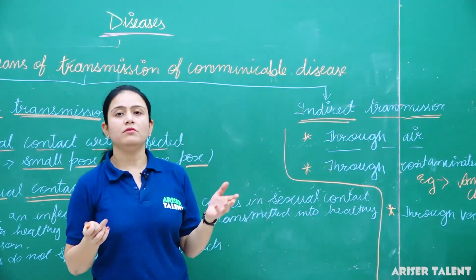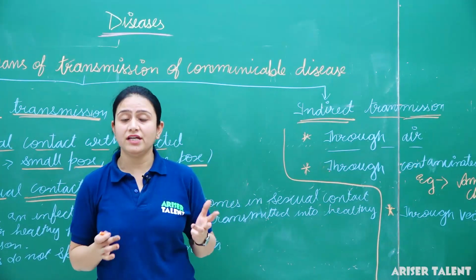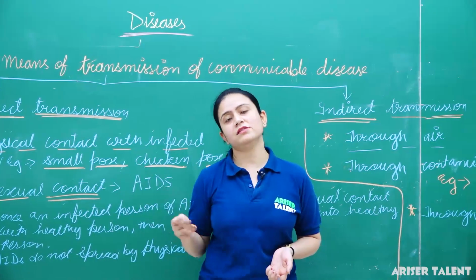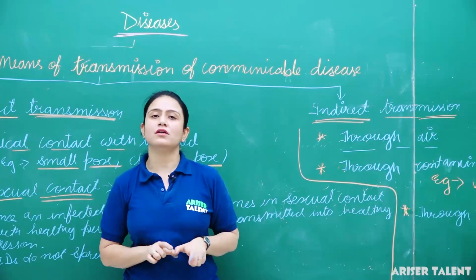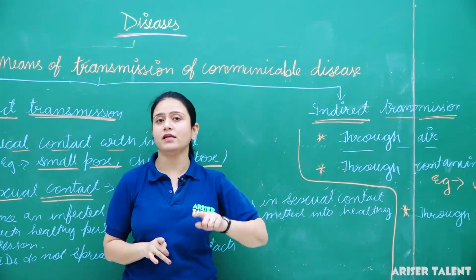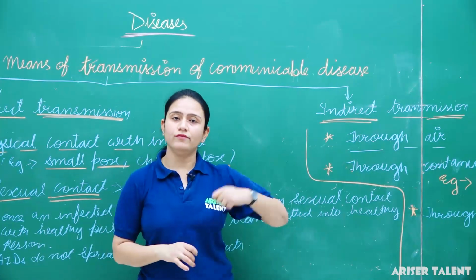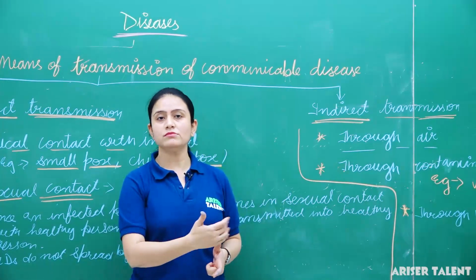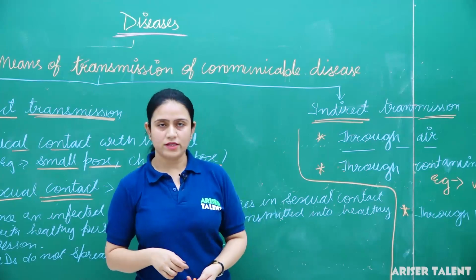These animals can be agents of spreading diseases. How does it occur? If a person is suffering and comes in contact with the animal, this animal will carry the germs, and once it comes in contact with another person, it will pass on these germs, and thus it is called a vector. Clear?